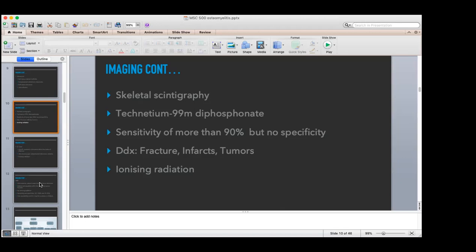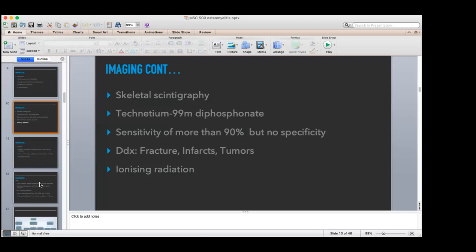Ionizing radiation is whereby the energy that is being produced is able to remove an outer electron. You remember the atom in first year when we did physics and we had the inner shell with neutrons and protons, and then you have the electrons on the outer shell. So if the energy, for example, the X-rays have energy enough to remove an electron from the outer shell of an atom, that makes it an ionizing radiation.